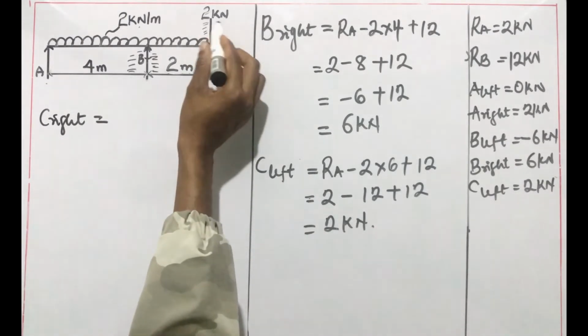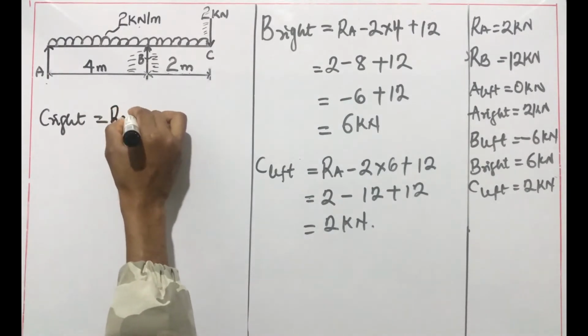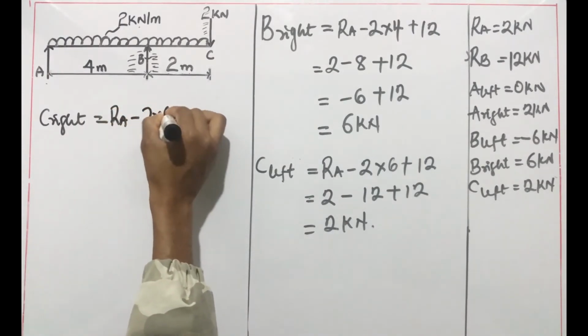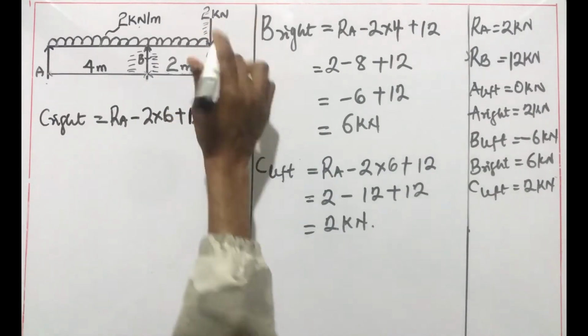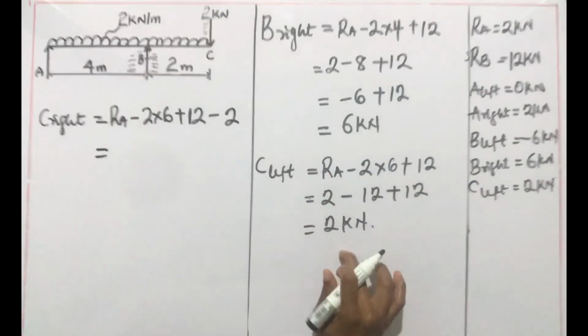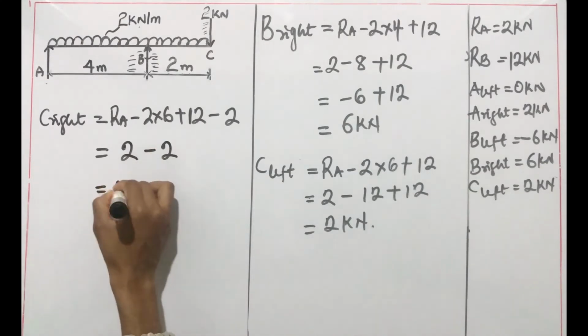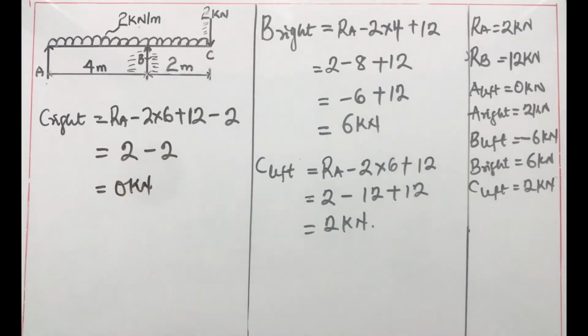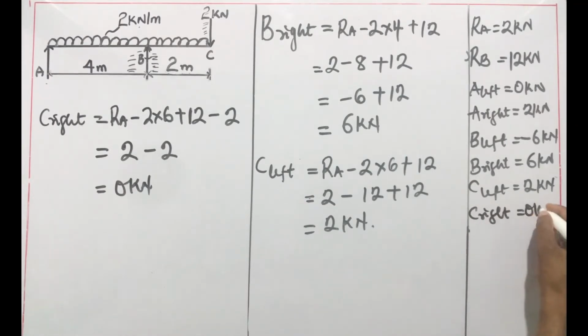Our C right can be done in a way that it includes all the forces, including the force at C. We just picked the minus 2 times 6 plus 12 from our C left to be minus 2.